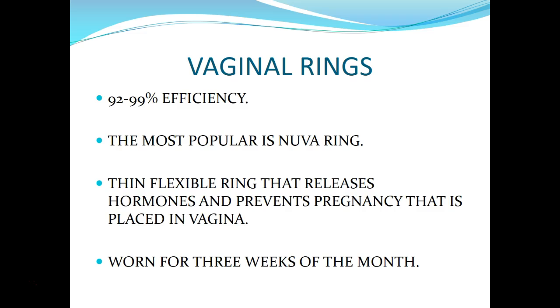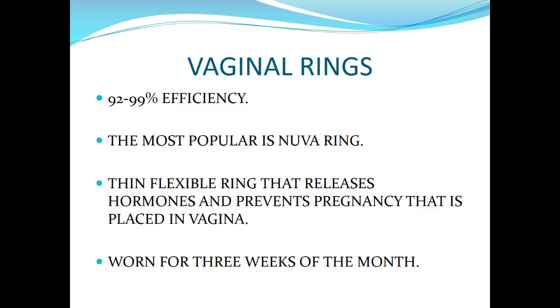Vaginal rings are also a form of birth control, and it is basically a little plastic ring that has hormones in it, and it is inserted into the vagina up next to the cervix. It is 92 to 99% effective.